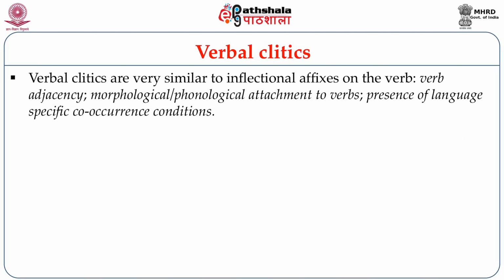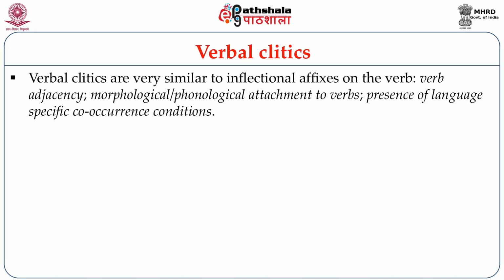Now, what is important for us to recognize is that if verbal clitics are clitics that are associated with the verb itself, then they are going to share many features with verbal affixes, which are mostly inflectional affixes. So for example, verb adjacency. A verbal clitic has to come somewhere near the verb, just like an inflectional affix of the verb has to be found in the verb complex.